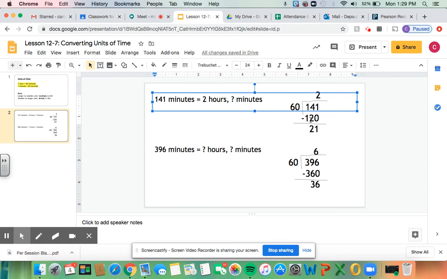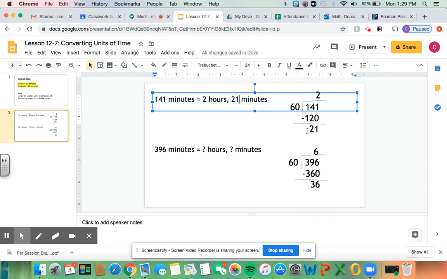So I'm going to look at my remainder, and my remainder is what's going to tell me how many minutes are left over. So my remainder is 21, which means out of 60 minutes, I have 21 minutes. So my answer will be 2 hours and 21 minutes equals 141 minutes.